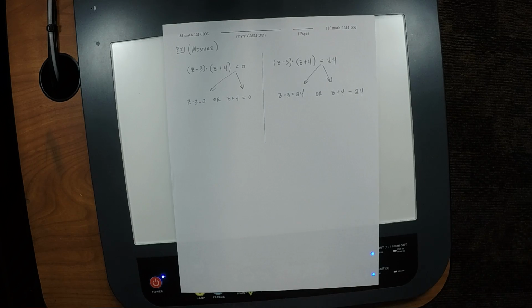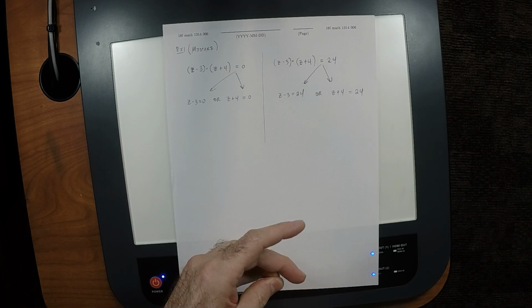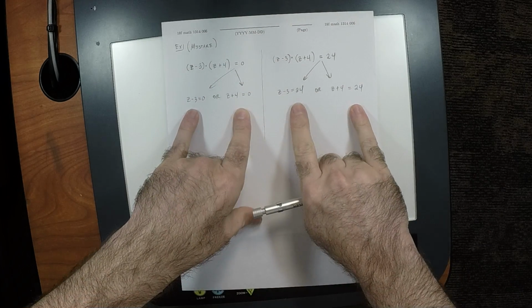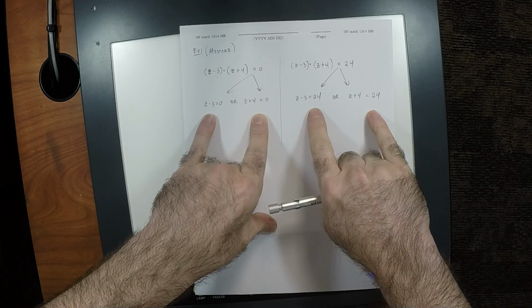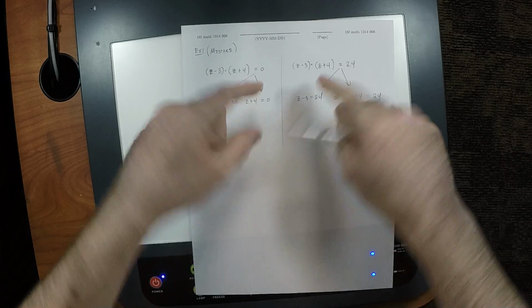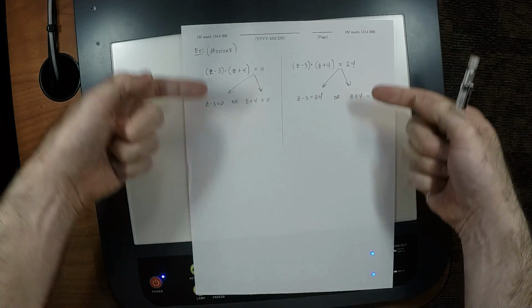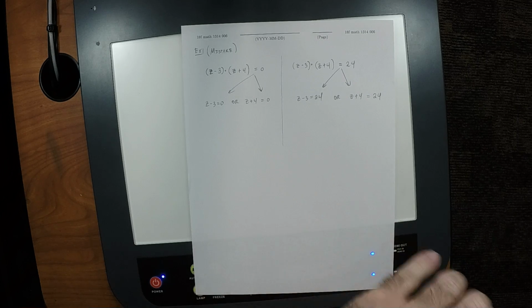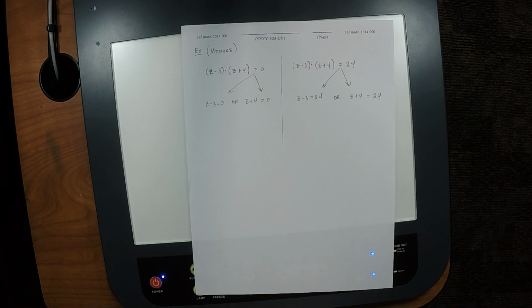Okay, so somebody tell me about that. You would make it to where it's equal to 0, so you would add 24 to the one from the right? Well, so one of these is okay and one of them is not okay. So which one is okay and which one, by process of elimination, isn't?